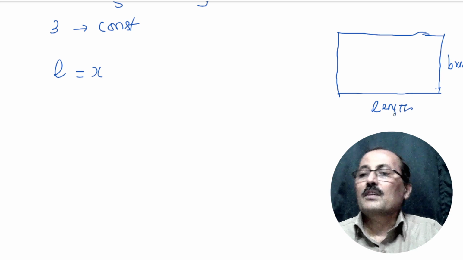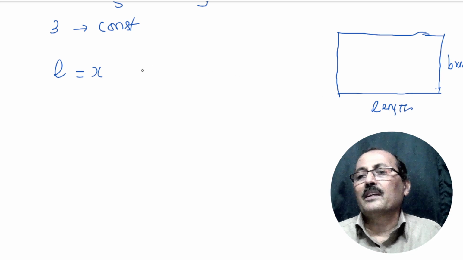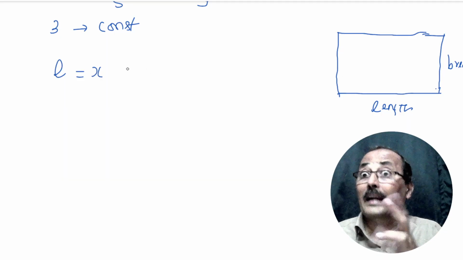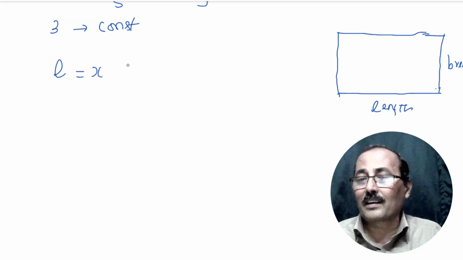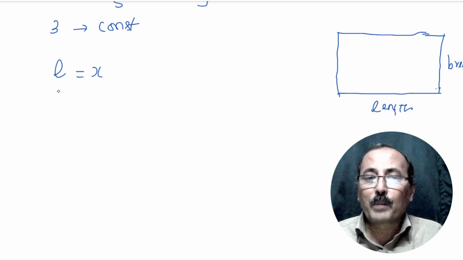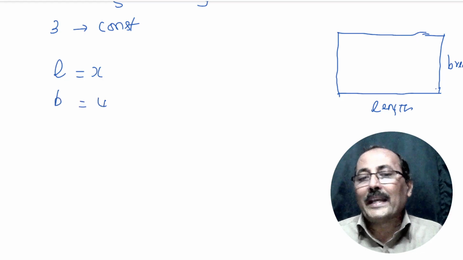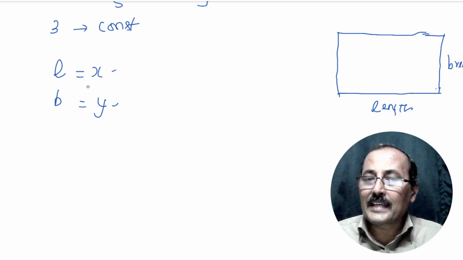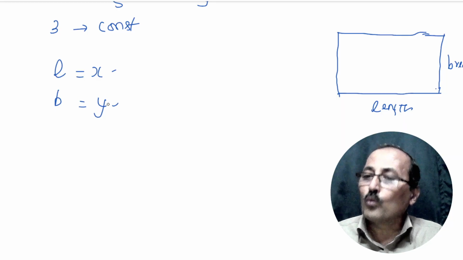Sometimes they may give length equal to 5 meters, 10 meters, 100 meters, 2 kilometers. Like that, they may give. According to that, they will give length x and breadth equal to y. So we are going to use two variables: for length x and for breadth y.